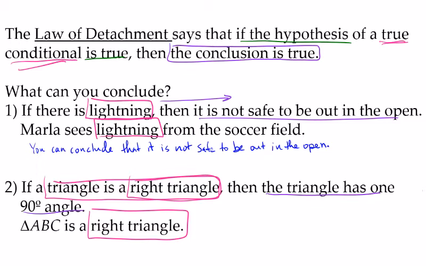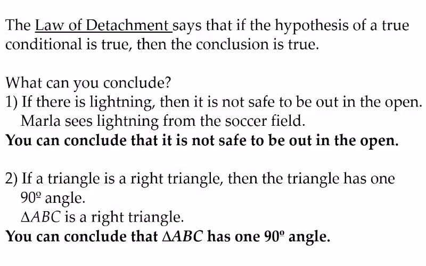Therefore, we can conclude that the conclusion is true, right? So that must mean that triangle ABC has one right angle. All right. So here's a cleaner version of the answers.